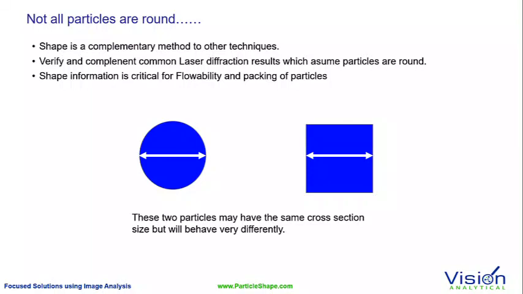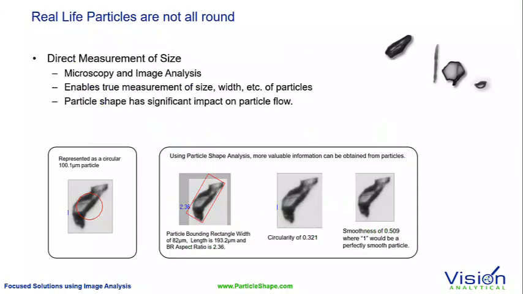As you can see on the screen, if you have the cross-sectional area, those two arrows actually are the same, but the particles, fictitious ones that we're showing here, are very different. As you can imagine, in a process, assuming that you have a big mountain of the round particles, they're going to flow very differently as if they were, let's say, a 50-50 mix with the square particles. So understanding shape is very important for different processes.